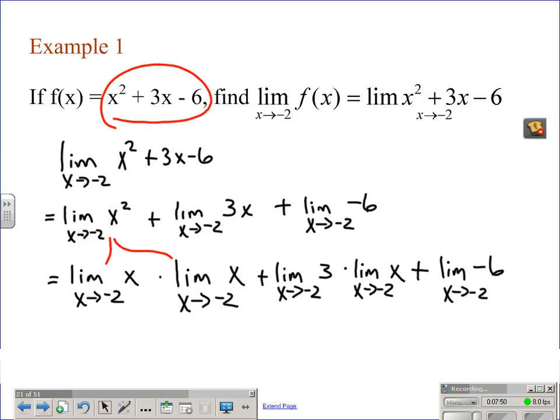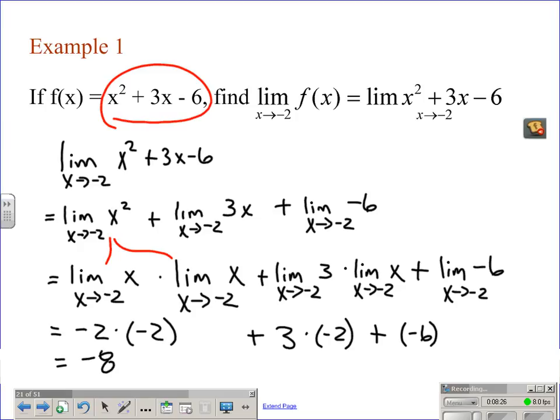And so now, using the properties that we talked about, the limit of the identity function is just going to give me -2 times, and then again -2, plus, and here we're always going to get 3 times, and then we have the identity function again, so we get -2, and then we have the constant function, so we're going to say plus -6, and then we go through, evaluate this, and we come up with -8.